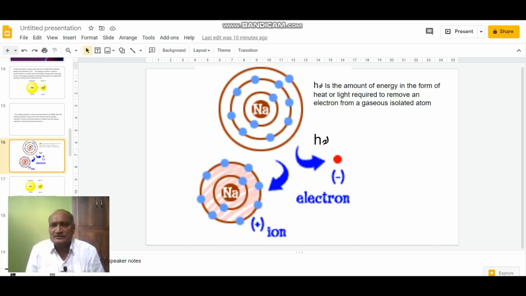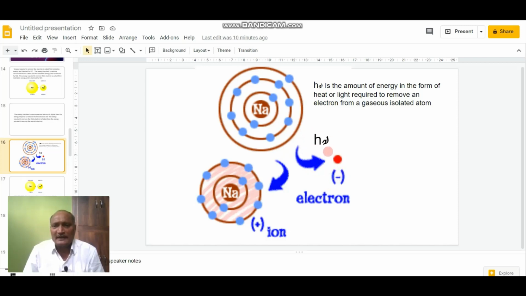When we expose the neutral gaseous sodium atom to sufficient light energy or heat energy, the valence electron revolving in the orbit of sodium is completely removed from the sodium atom.